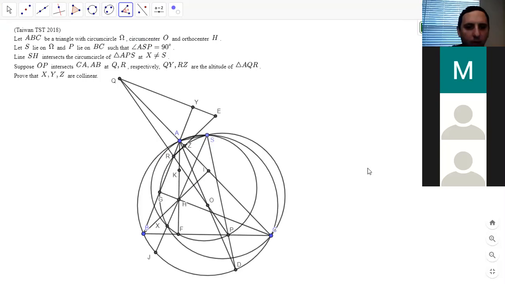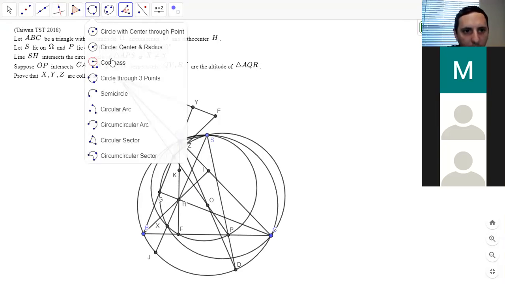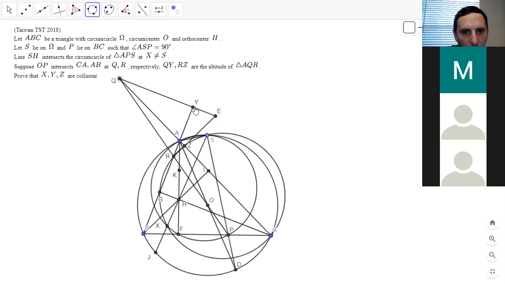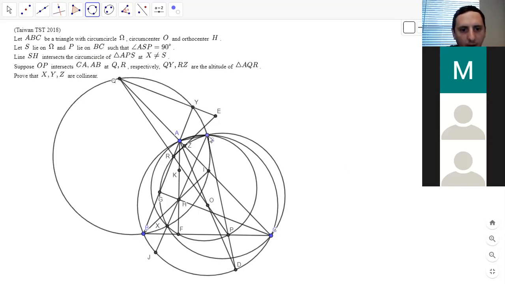So if those are all cyclic, then by symmetry Q, Y, like there would have to be another one too, right? Q, Y, S. Yeah, so we'd have like two of these.